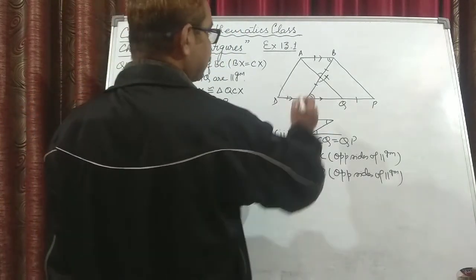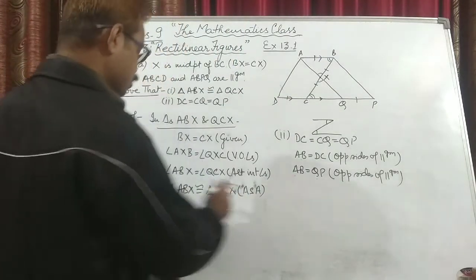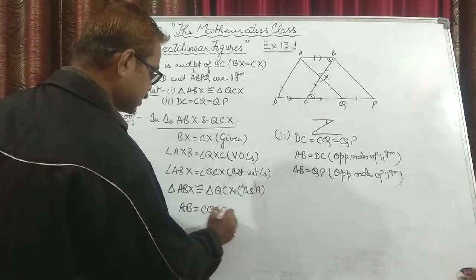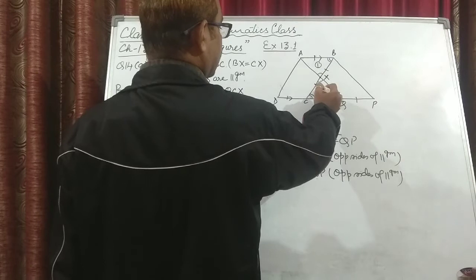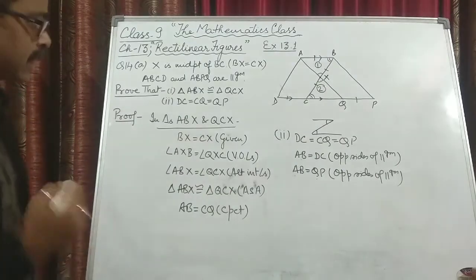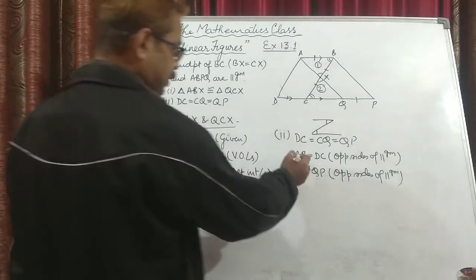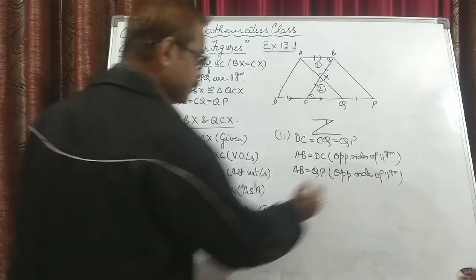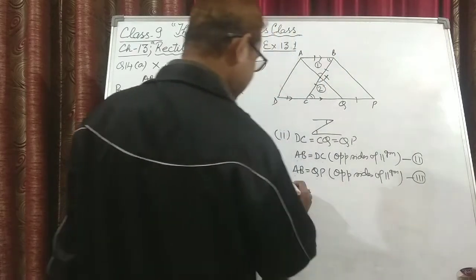Now we have also proved that triangle ABX and QCX are congruent. So we can say that AB is equal to CQ. Which reason? CPCT. If triangle 1 and triangle 2 are congruent, all the 6 elements of first triangle are equal to the corresponding 6 elements of second triangle. Now AB is equal to CQ, AB is equal to DC, and AB is equal to QP. So let's say this is equation number 1, this is equation number 2, and this is equation number 3.